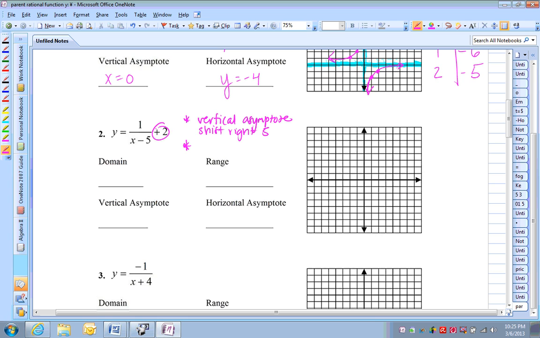Now this +2 out back deals with cat, and she's a female, and she does what she's told, so the horizontal asymptote is going to shift up 2. From the original vertical asymptote of 0, I'm going to shift it right 5.